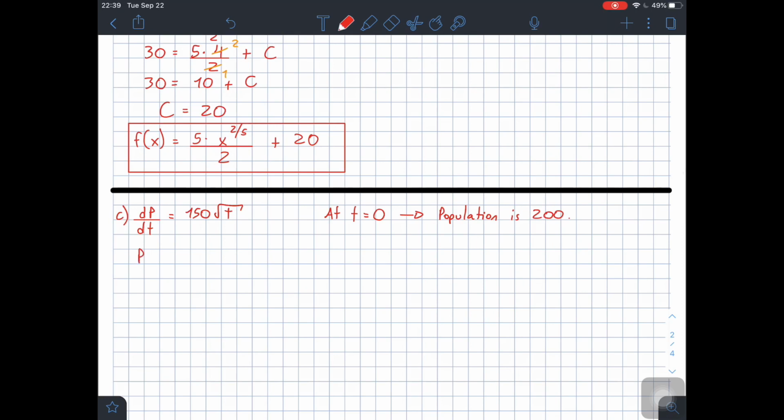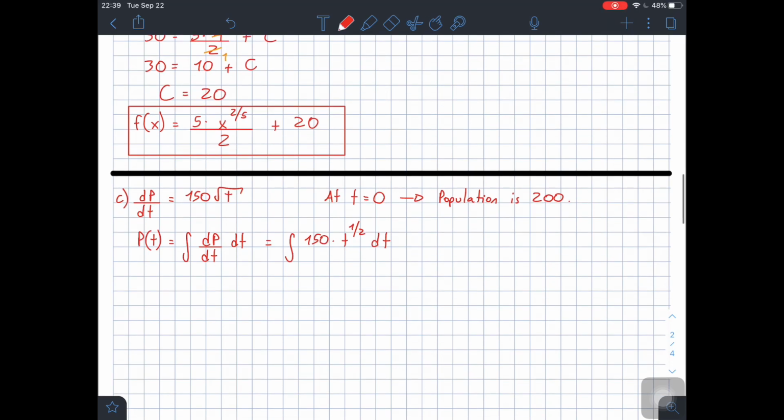To find the population function, we are going to integrate the rate of growth, which is dp over dt, with respect to t. So this is the same as saying the integral of 150 times, instead of root t, I can write this as t to the power of 1/2, dt.